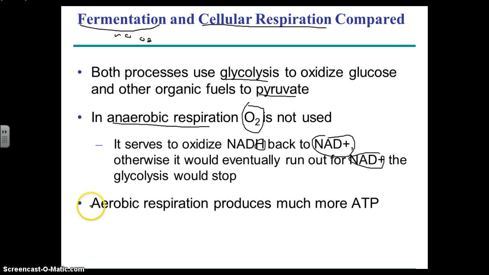Comparatively, aerobic respiration produces much, much more ATP. Anaerobic respiration, without oxygen, nets 2 ATP.